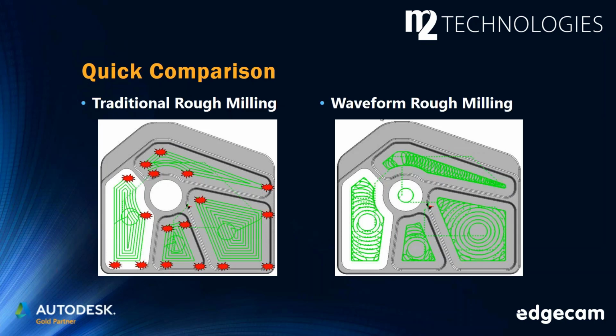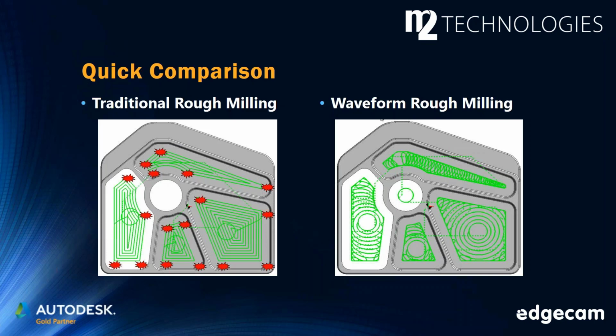We compare that to waveform roughing, shown on the right. The path here looks much different. The idea behind the path is to have tangent roll in and roll out of the tool path as it enters and leaves material, to have a consistent tool load, to allow us to achieve the material removal rates that the tool is capable of, and also to avoid sharp redirections in the tool path so that we can truly use high-speed machining techniques.